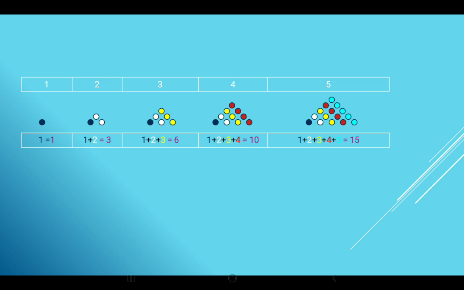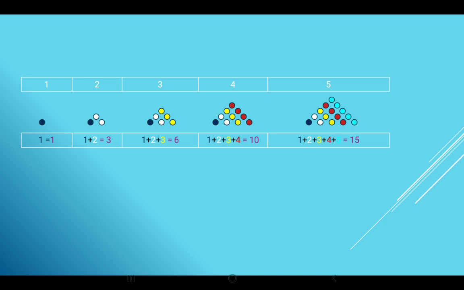Next, in the third term, we have 1 plus 2 plus 3, equal to 6. So, we have 6 dots in the third term. Next, 1 plus 2 plus 3 plus 4 is equal to 10. So, we have 10 dots in the fourth term. In the fifth term, we have 1 plus 2 plus 3 plus 4 plus 5, so 15. So, we have 15 dots in the fifth triangular number. So, may napapansin ba kayo sa pattern?